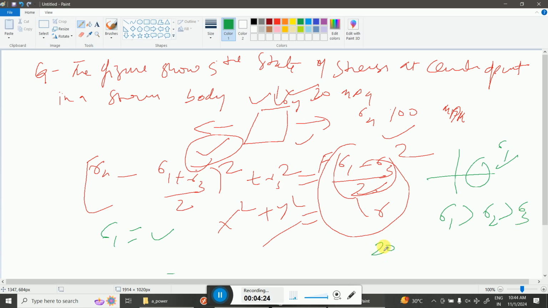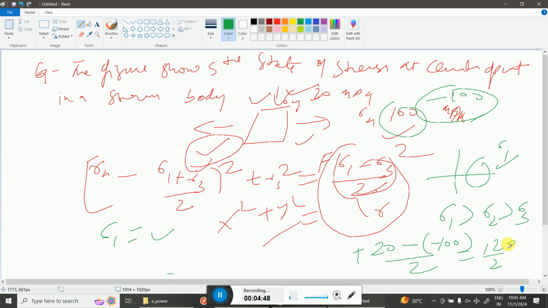Sigma 1 is a normal stress and compressive, so it is positive, and sigma 3 is on the outside, that is tensional, and tension is always taken negative in the Mohr circle, 100. So formula: 20 minus (minus 100), upon 2, equals 120 upon 2, that is 60 MPa. That is your answer. This is the Mohr circle.